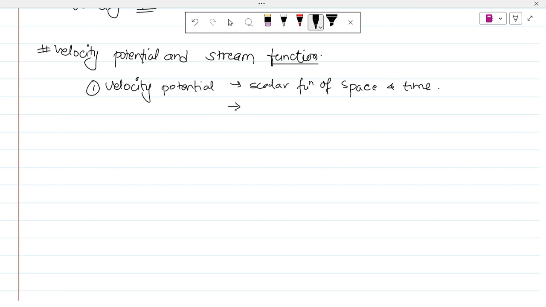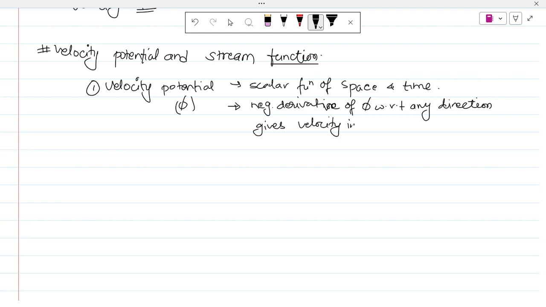The negative derivative of this scalar function shows the following. Suppose this is our velocity potential function, a scalar function, and the negative derivative of this with respect to any direction gives velocity in that direction.